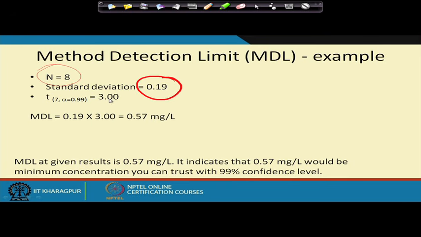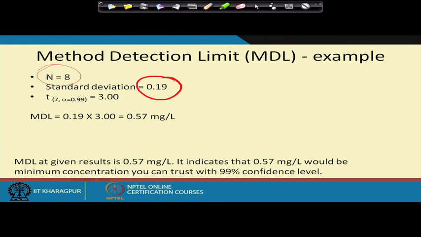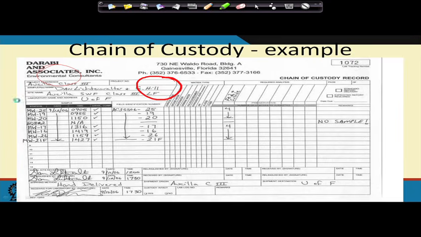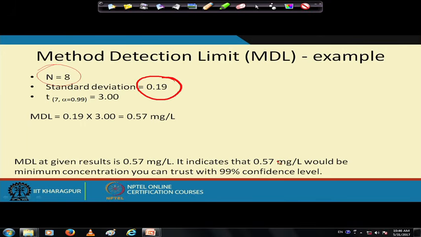And if you go to the T table from any statistics textbook, why is it 7? Because remember that the degree of freedom is n minus 1. n is 8, so n minus 1 is 7. That's why we have this 7. And then we said the alpha at 99% confidence, so alpha is 0.99.